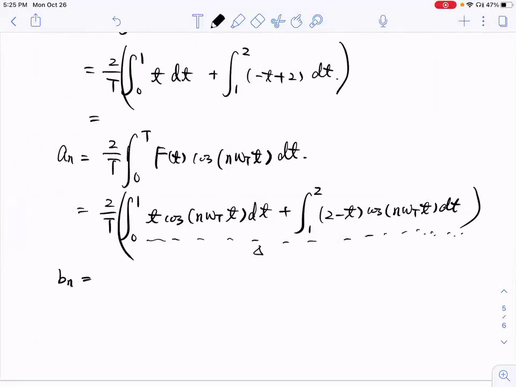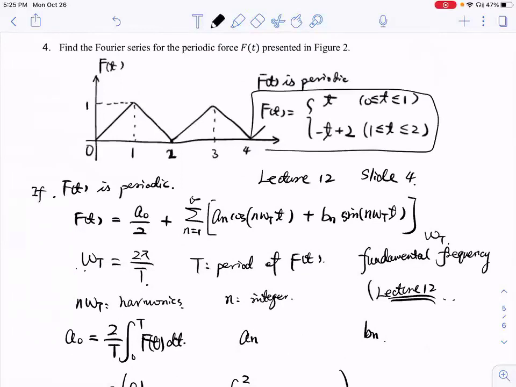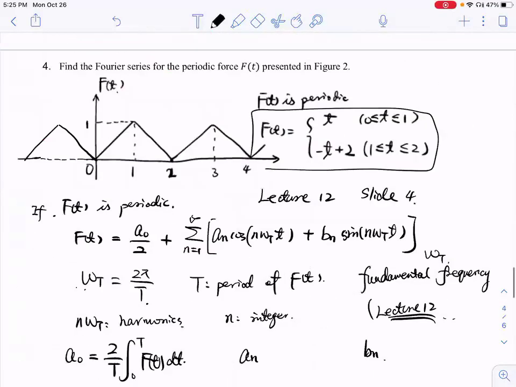And then Bn, what is Bn? So as I said, there are a few ways to simplify this. One thing I forgot to emphasize is here. The other difference compared to question number 3 is that this triangular wave exists before time equal to 0.